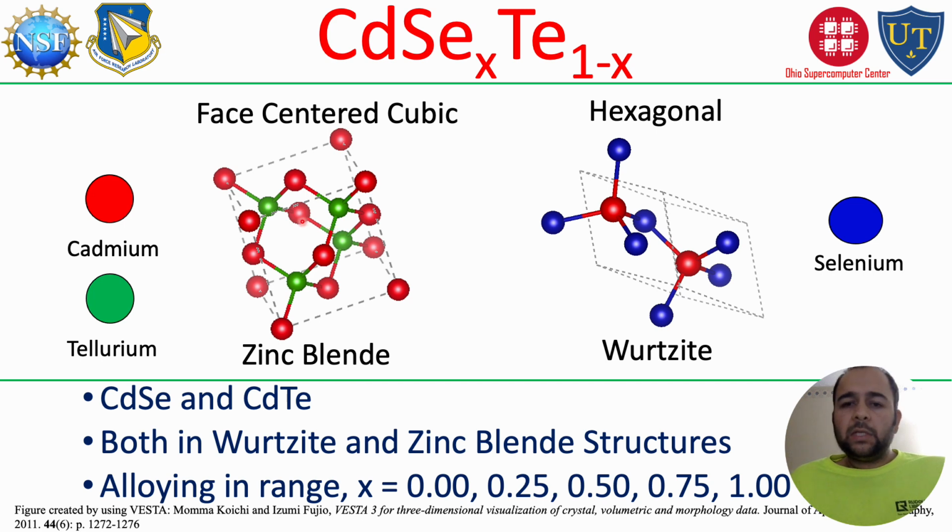Cadmium selenium telluride can exist in both zinc blende and Wurtzite crystal structures. Cadmium telluride likes to form in zinc blende crystal structure in normal conditions, whereas cadmium selenide likes to form in Wurtzite crystal structure. We have done alloying in the range of 0 to 1 in steps of 25%.